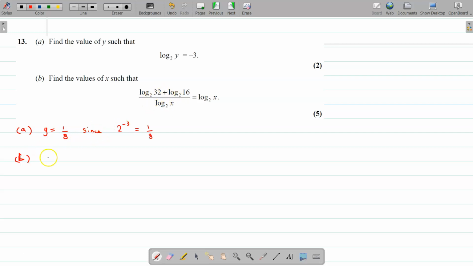So I'm going to write this like this: log to base 2 of 2 to the 5 plus log to base 2 of 2 to the power 4, and that is equal to, what I'm going to do now is take this log to base 2 of x and multiply it with this one to give me this, log to base 2 of x all squared.